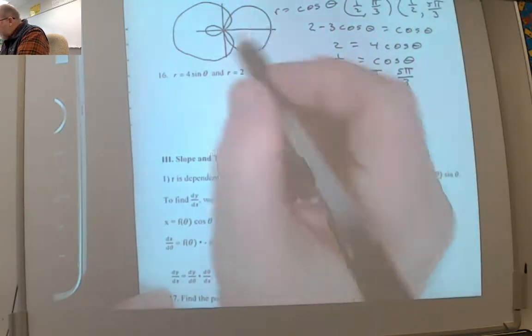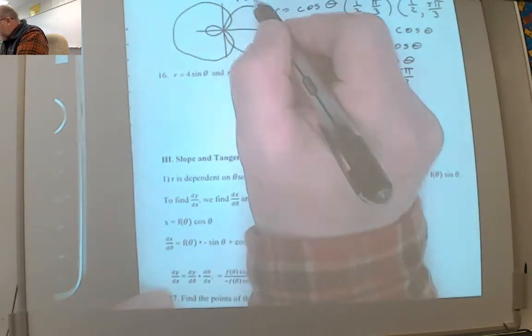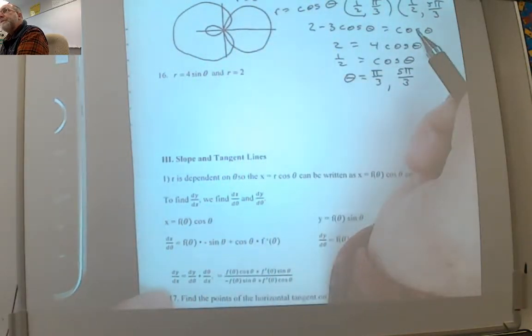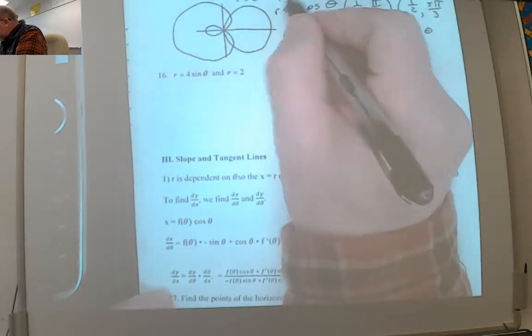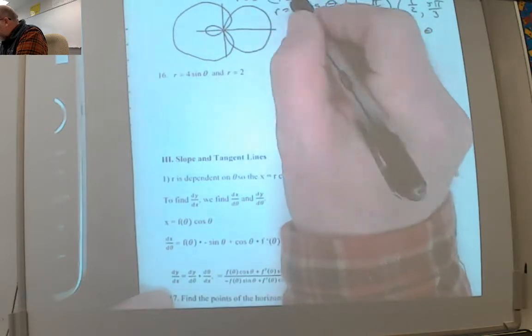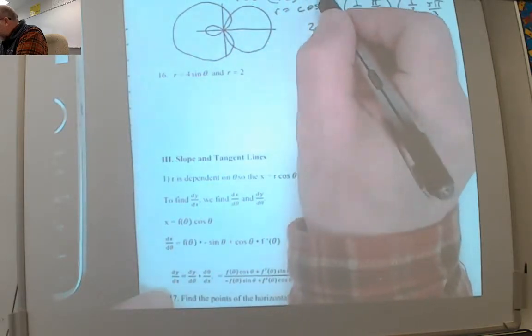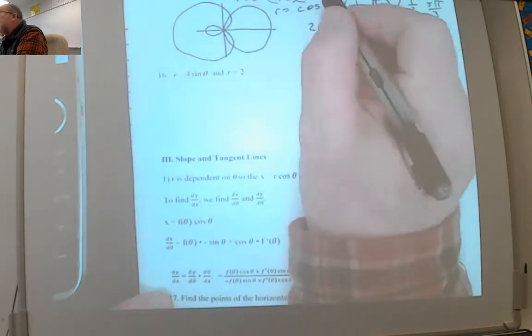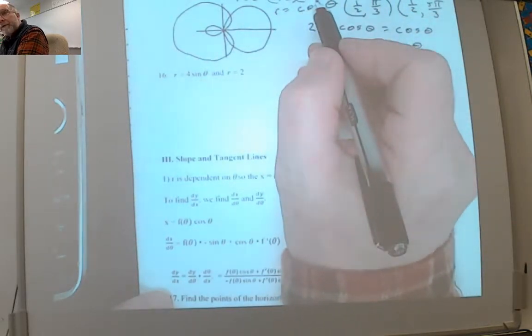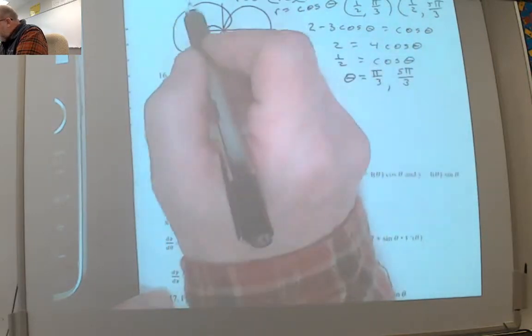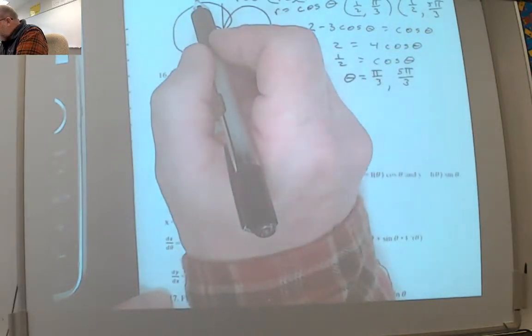And then my question is, can I make r equal 0? Well, cosine is 0 when? Pi over 2 and 3 pi over 2. So at least I have one point in which that's the case, correct? And that's at the pole. It's at the origin. And so over here, can I make this equal to 0?